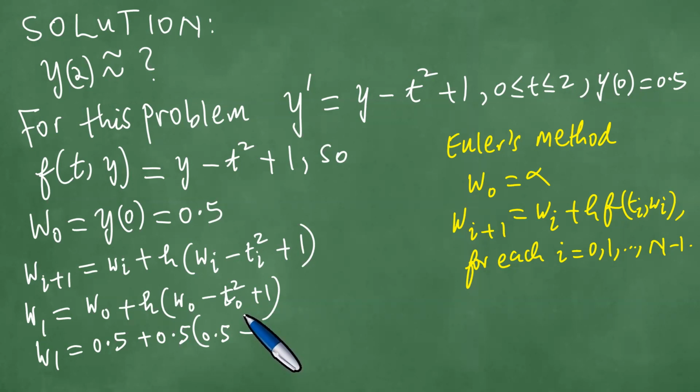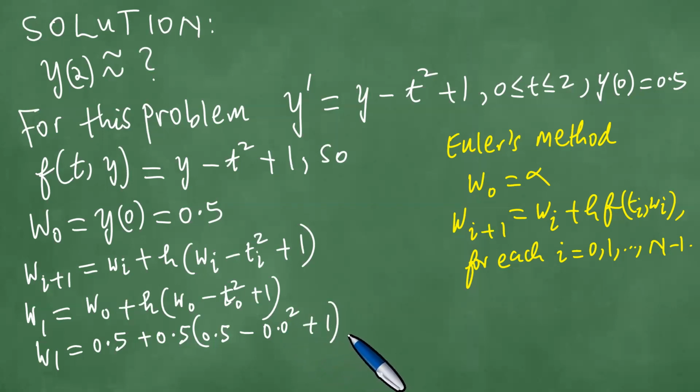What is t0? We understand that t0 is 0, so you can write 0.0, two decimals, and then we have the 1.